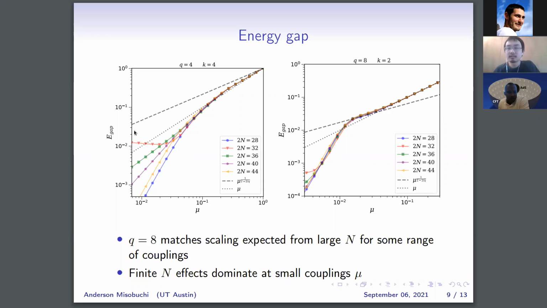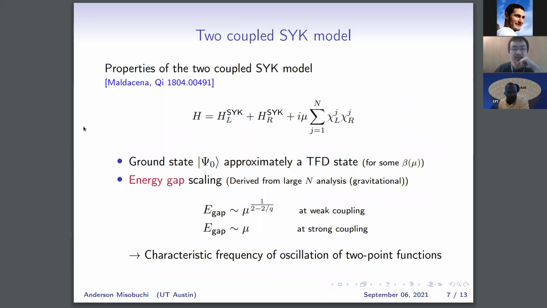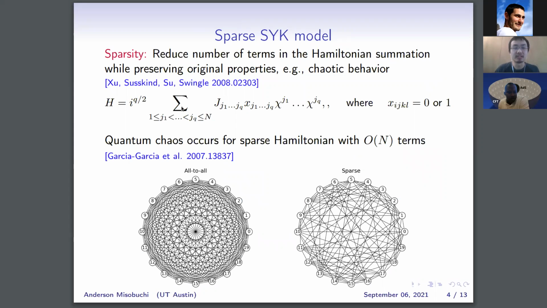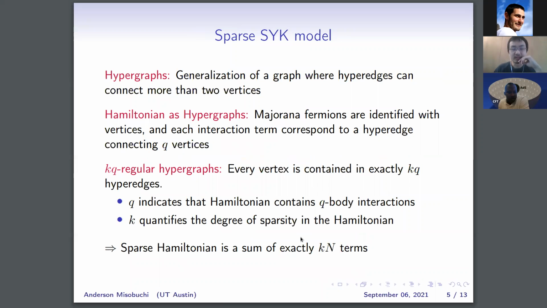Sorry, can I interrupt you for a second? Yes. I already asked, but can you repeat what K is counting, please? Yes. K is counting the number of terms that we keep in the sum of the Hamiltonian. So the Hamiltonian is such that it has Kn terms in total.